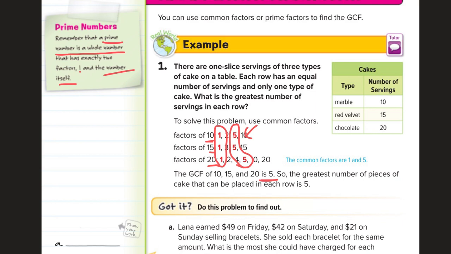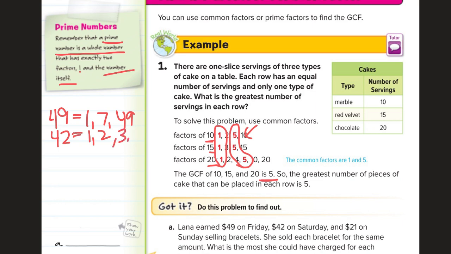Okay, so let's see. What are our factors for 49? 1, 2, no, 3, no. I know 7 and 49. 7 times 7, right? 42, our factors are 1, 2, 2 goes in there, 3. Does 3 go in there?